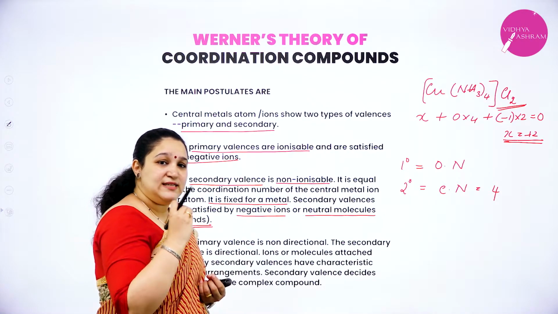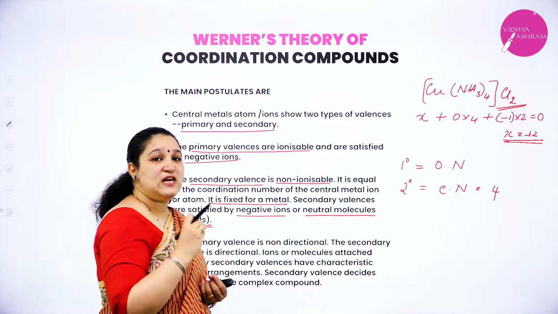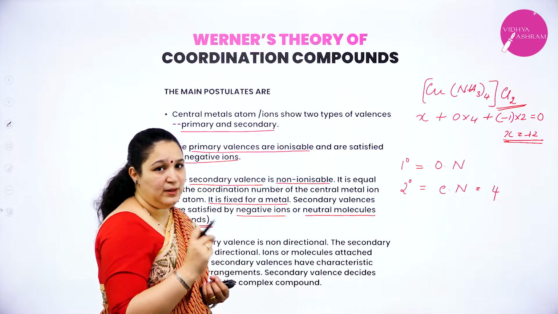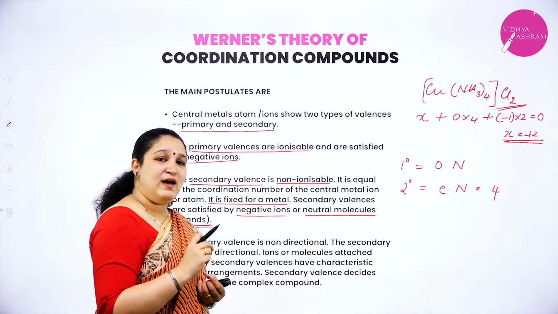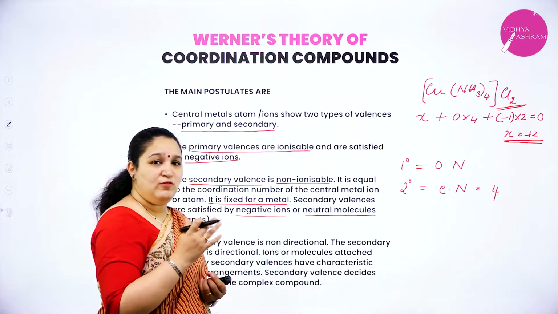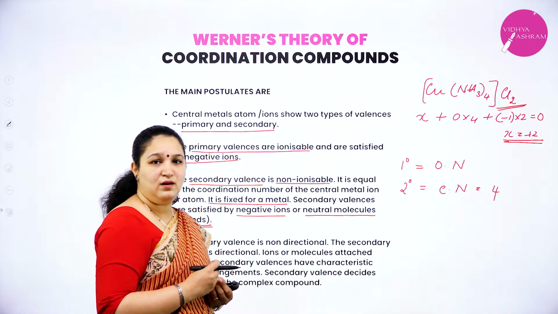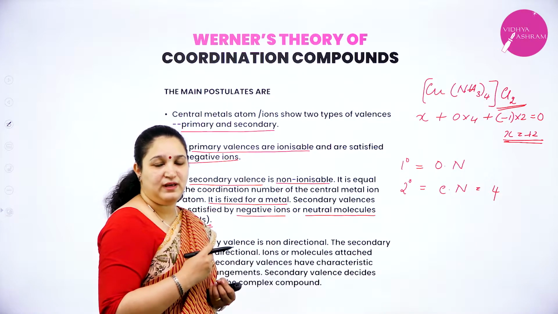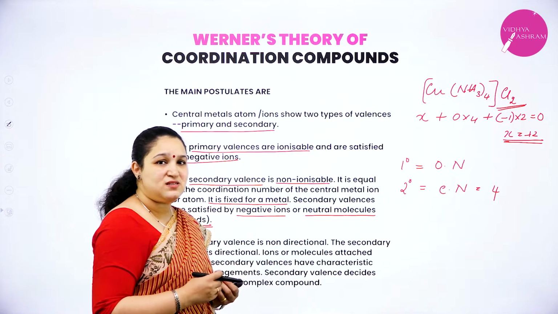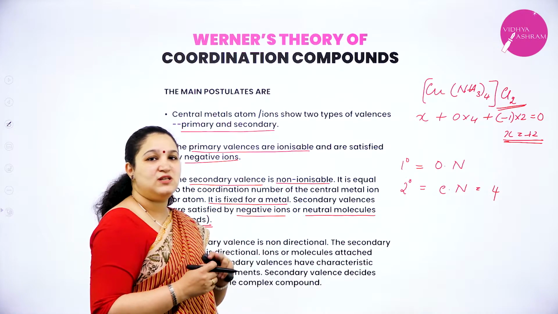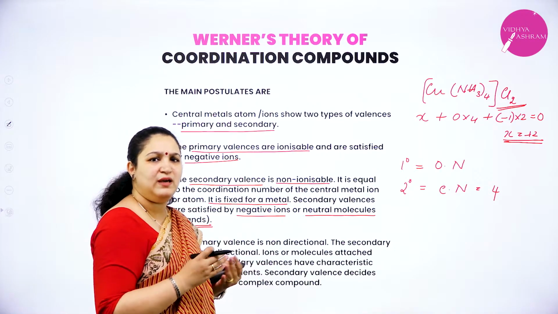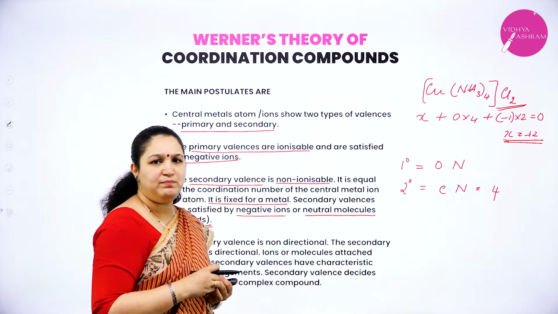Secondary valency is always fixed for a particular metal, whereas primary valency is variable. For example, if we had iron metal atom Fe, iron can exist in 2 different oxidation states, that is, it can be in +2 state or +3 state.